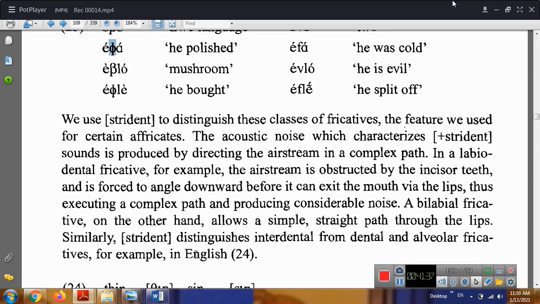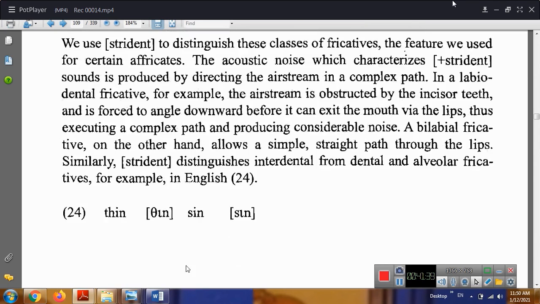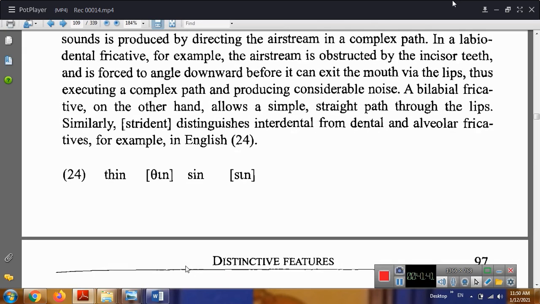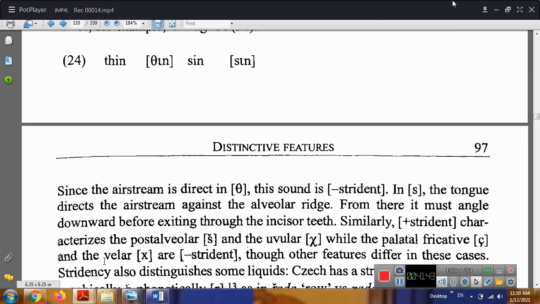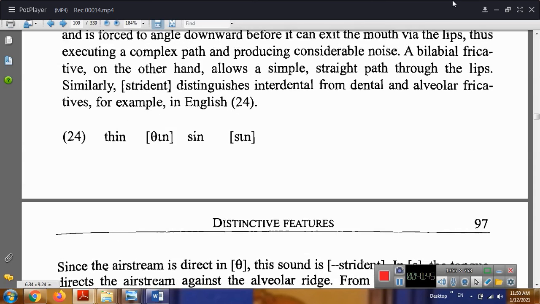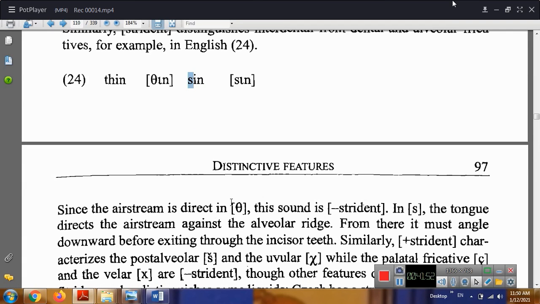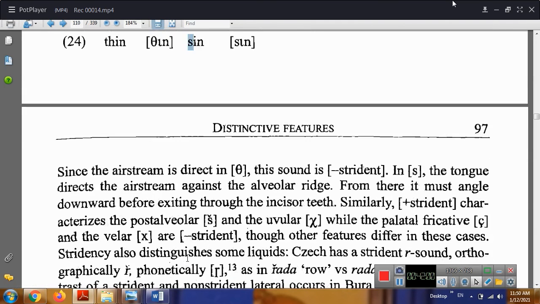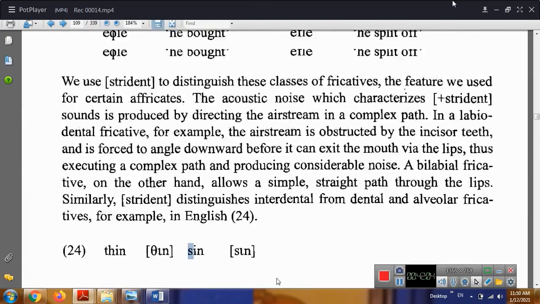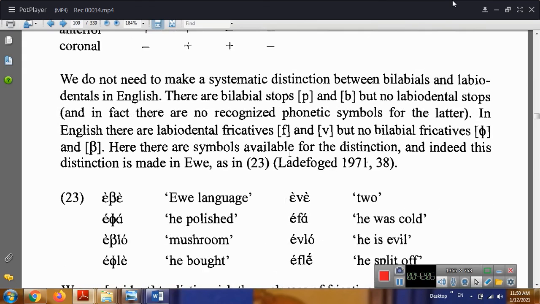Similarly, strident distinguishes interdental from dental and alveolar fricatives. For example, in English we have such sounds in thin and sin, th and se. In th the air stream is not directed, and therefore th is minus strident, and in se, the tongue directs the air stream against the alveolar ridge, so we consider it plus strident.